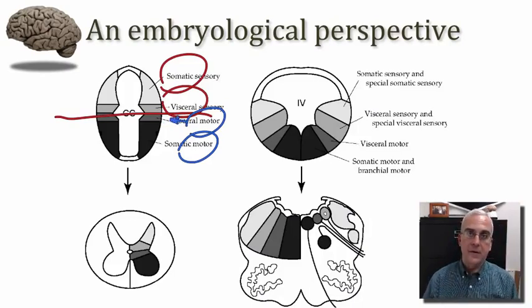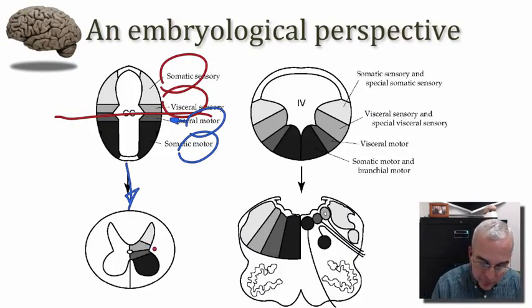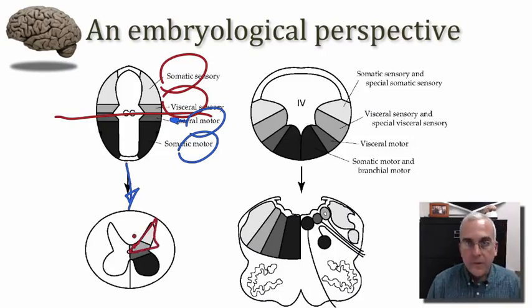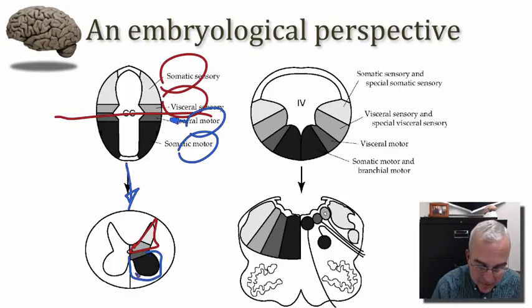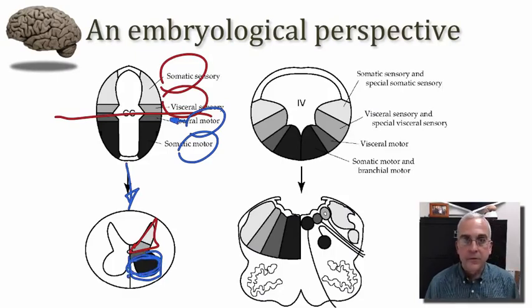Now, that's the plan for the developing neural tube in that region that forms the spinal cord, and then when we actually look at what we see in the adult central nervous system, we see a spinal cord with this characteristic butterfly shape of gray matter in the middle, and we have a dorsal horn where we find our sensory neurons, and we find a ventral horn which is filled up with neurons that are affiliated with motor output, with this large anterior part of the ventral horn where we find our somatic motor neurons.